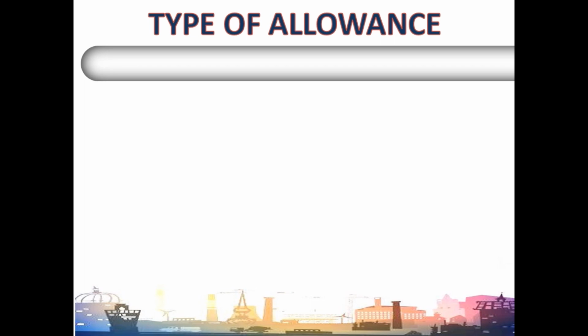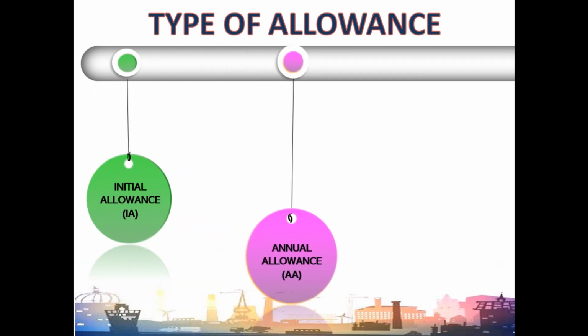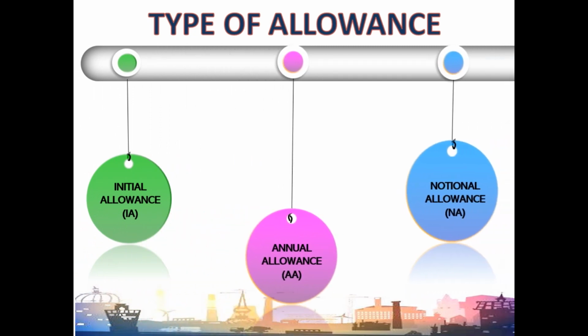There are 3 allowances, same as IBA: initial allowance, IA, annual allowance, AA, and notional allowance, NA. Same as capital allowance, the difference is the rate of allowance.